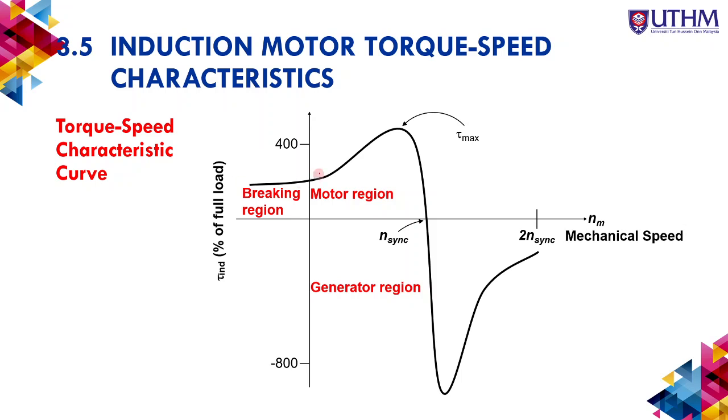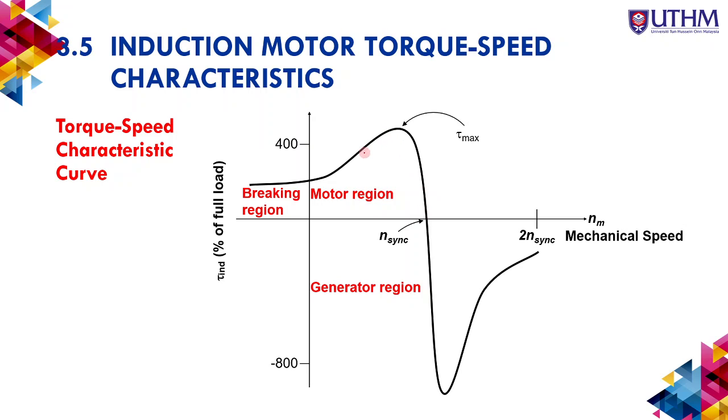Once the rotor speed exceeds Nsync, once the rotor moves faster than Nsync, the motor will become a generator. From the generator we can generate electrical power from mechanical power.